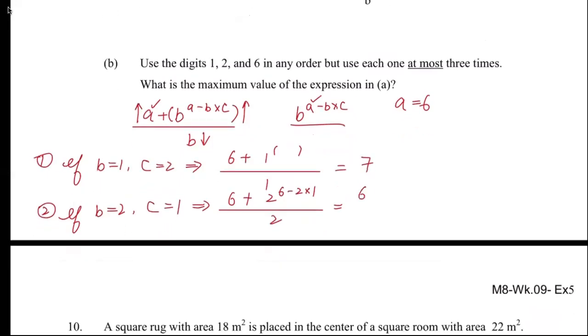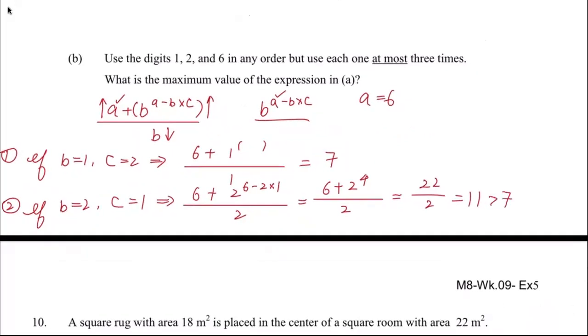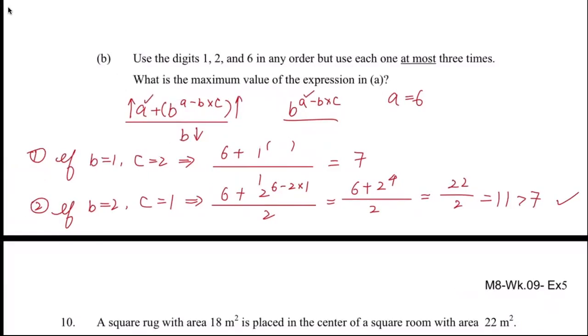So that'll be 6 plus 2 to the power of 6 minus 2 times 1, that's 4, over 2, right? 2 to the power of 4 is 16. 16 plus 6, that's 22. 22 over 2, that's 11. 11 is bigger than 7, right? So we should pick this combination. Okay, so that's this question. A should be 6, B should be 2, and C should be 1.